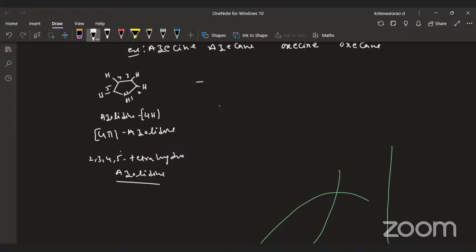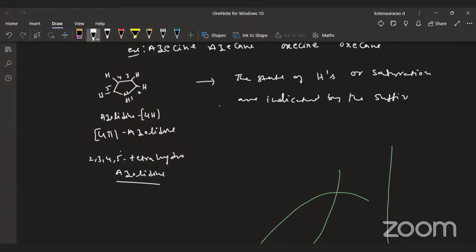Now, this guideline follows like that. The state of hydrogens is indicated by, in most cases, a prefix rather than a suffix.